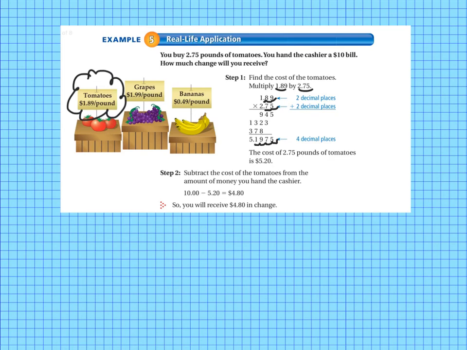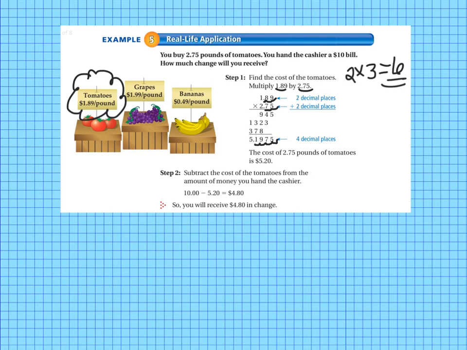Now it doesn't show you an estimate here, but if you had done an estimate, you might have rounded 1.89 to 2, and 2.75 to 3, and 2 times 3 is 6. So there could be your estimate, and 5.1975 is pretty close to 6, so you know you're on the right track.